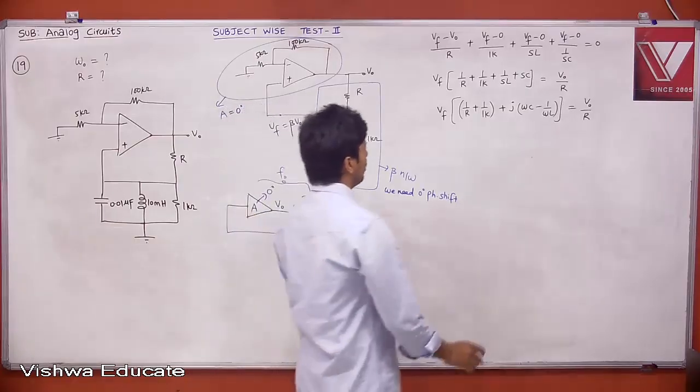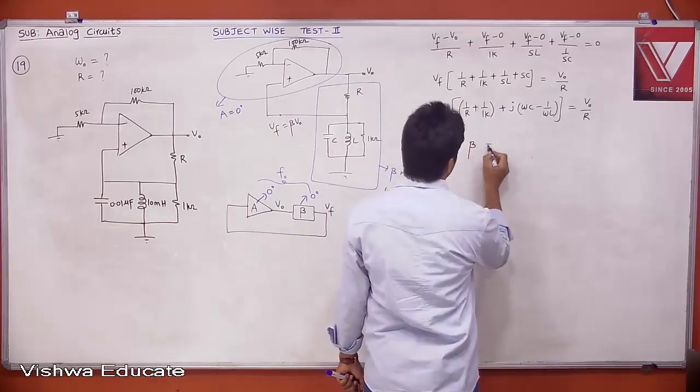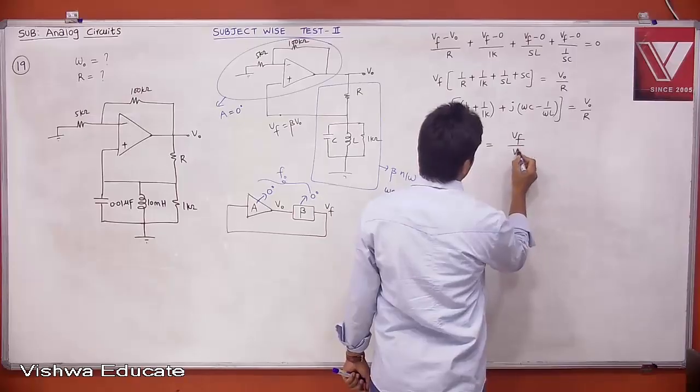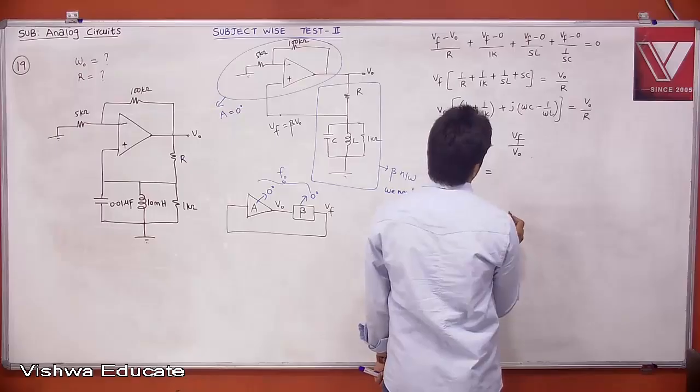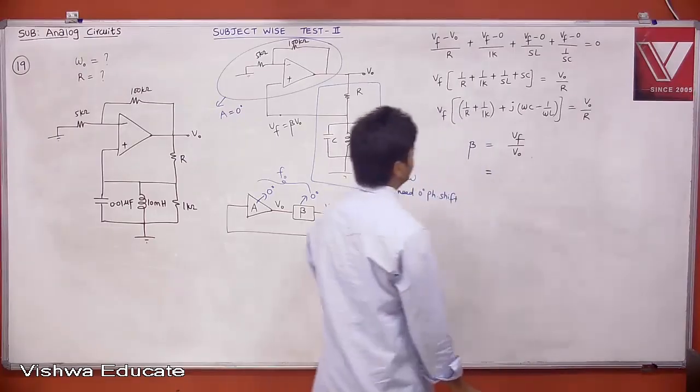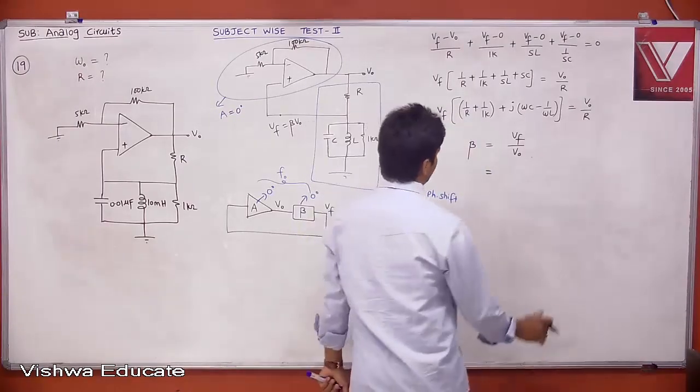Therefore, what is Vf by V naught? Beta is equal to Vf divided by V naught. What is your beta? Beta is nothing but Vf divided by V naught. Therefore, what is that value? This will come to the numerator.